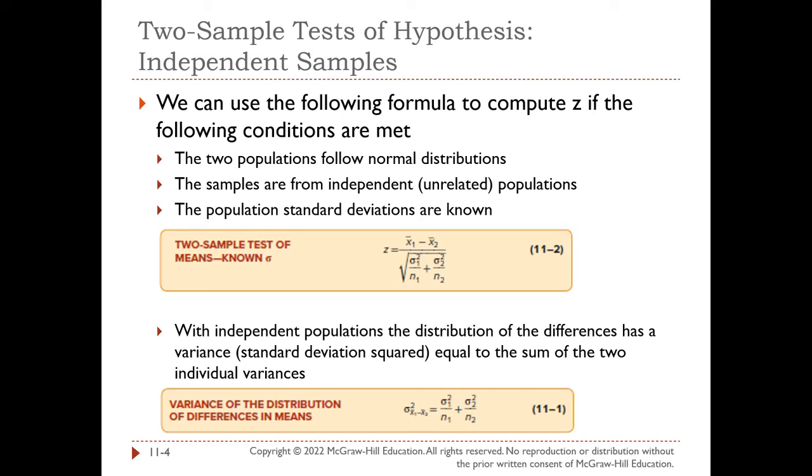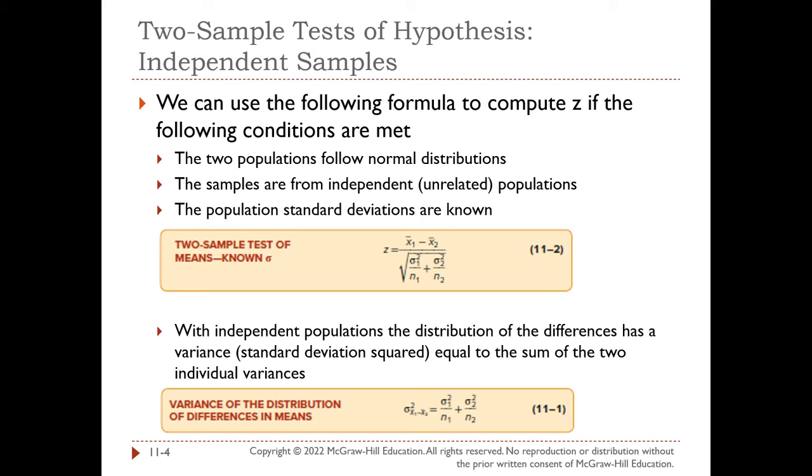Yes. And it pops up this fun formula, which I kind of wish they expanded more on. But it's going to be z equals x bar 1 minus x bar 2. So there's our two samples. And then, as you can see down below, we're going to have standard deviation squared divided by the population size, since it's z.